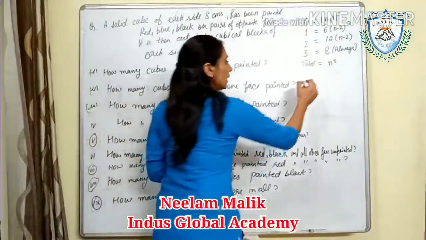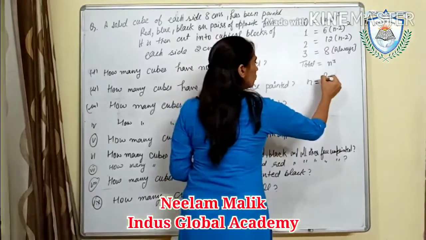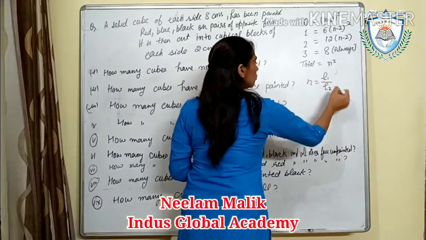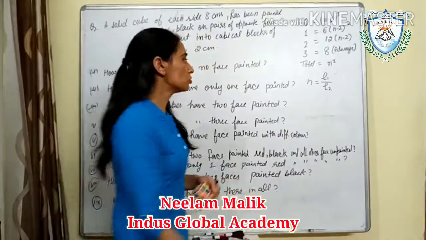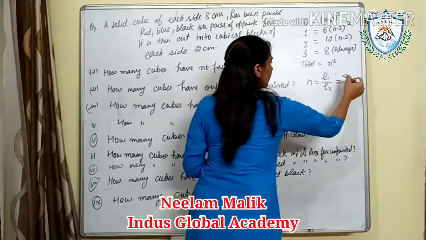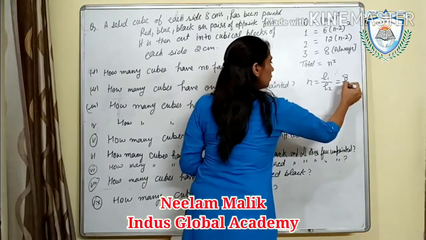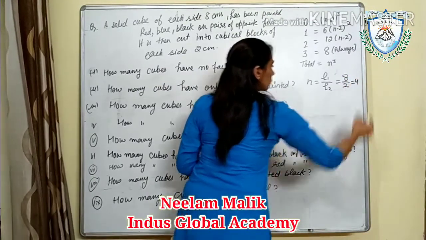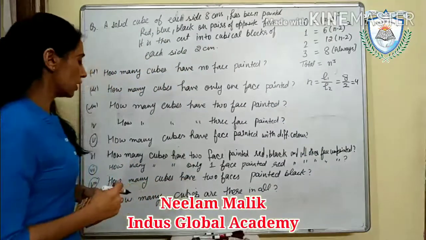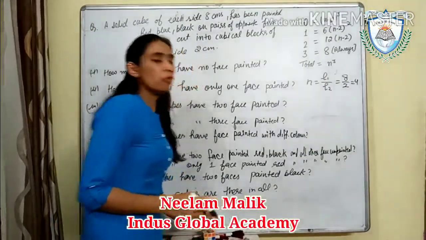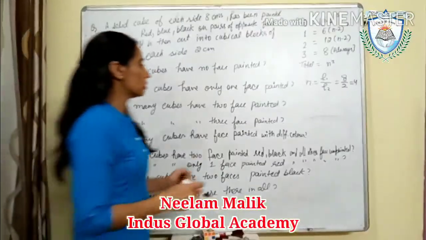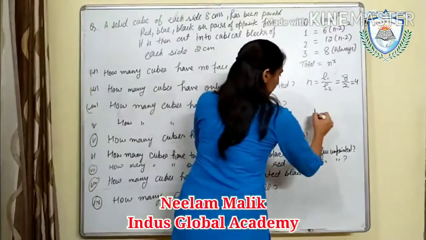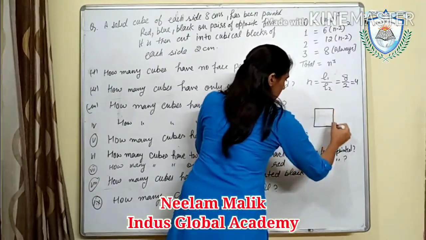So our n will be the length of the big cube divided by the length of the small cube. So that is 8 upon 2, that means 4. So here we need a cube of 4 into 4. I'm drawing the small one, there is no space.